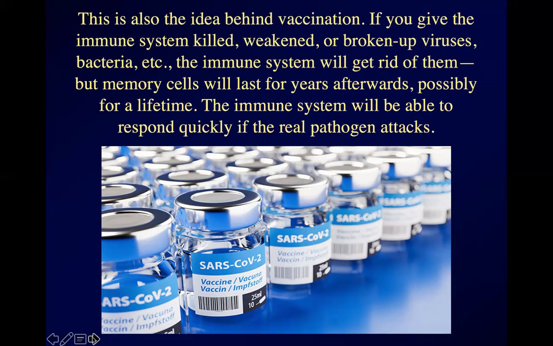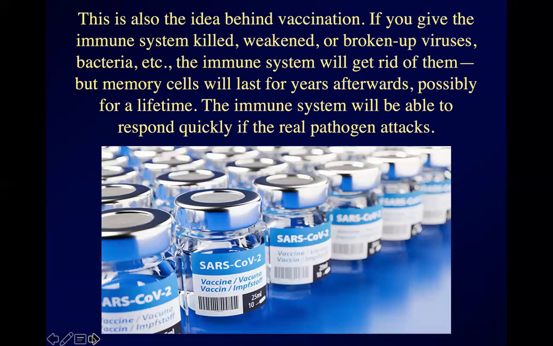So when you get a vaccine, traditional vaccines, this doesn't apply to all of them, and not the COVID vaccines now. I'll talk about those in the next slide. But if you get a vaccine for smallpox or a vaccine against polio, or DTaP, diphtheria, tetanus, whooping cough, that's one of the ones that hopefully you got in childhood.